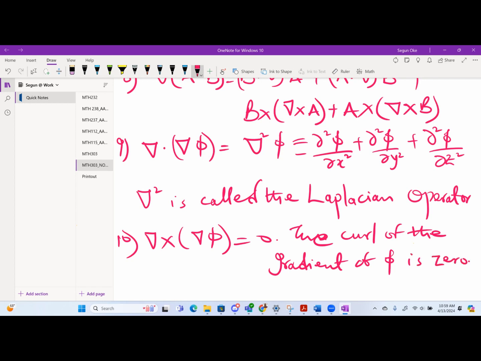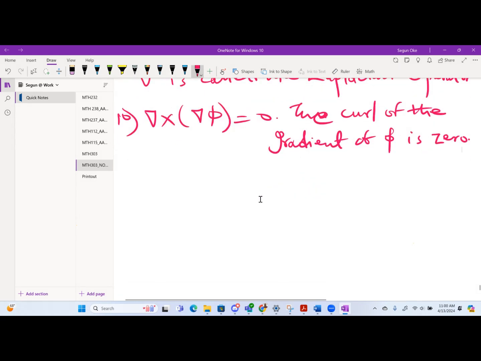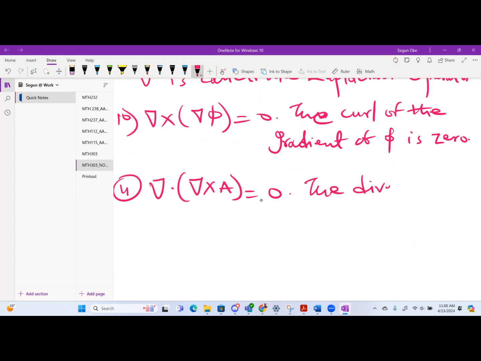They can ask you in your TMA: the curl of gradient is 0. Number 11 says del dot del cross A is 0. It says the divergence of the curl of A is 0.